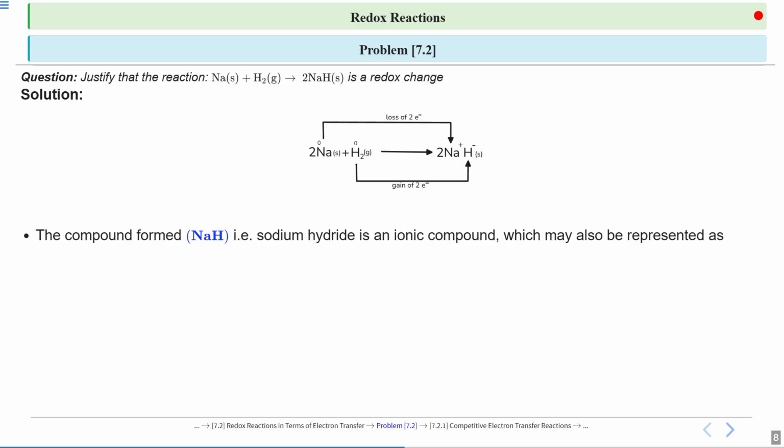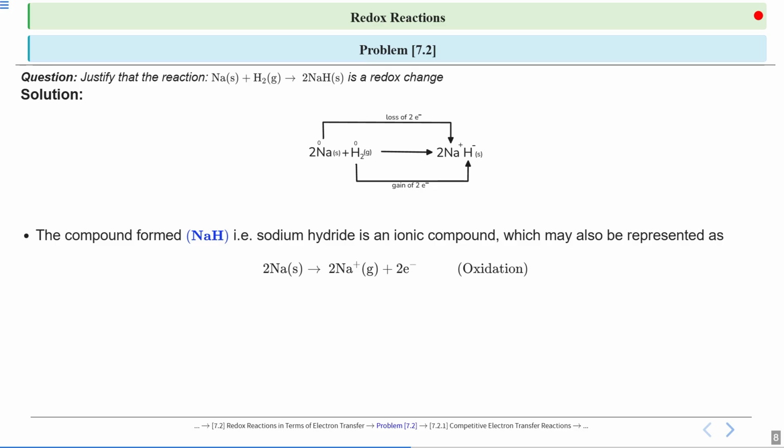While if we look over to the compound formed, that is sodium hydride, NaH, this particular sodium hydride has a positive and negative charge over it. That means a positive charge over sodium and the negative charge over hydrogen, which is making it an ionic compound. So this can also be represented as 2Na gives 2Na positive plus 2 electrons. That means there is a loss of 2 electrons, and this loss of electrons is considered as an oxidation process.